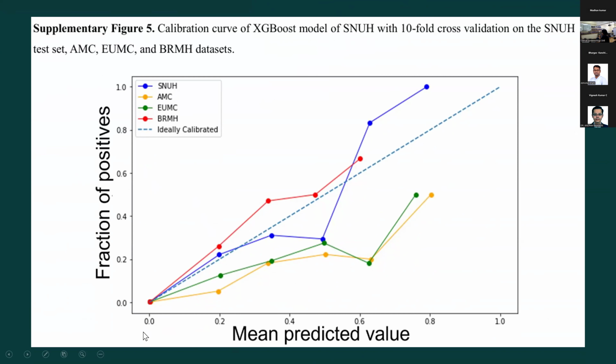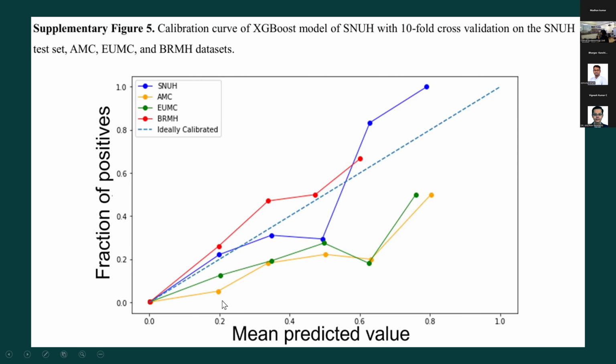Here the values are given as 0.2, 0.4. For example, if the actual risk is 0.2, here is the fraction of positives. So what is the predicted value? When the risk is 0.2, the model is predicting something close to 40%.